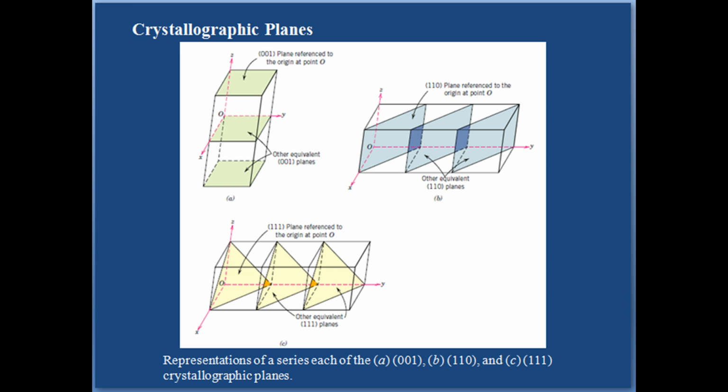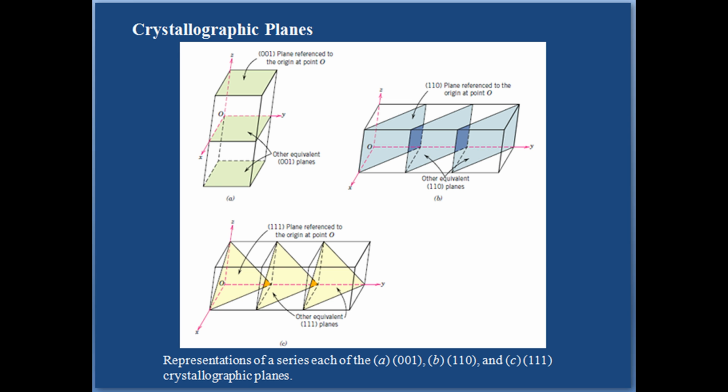A plane that parallels an axis may be considered to have an infinite intercept and therefore a zero index. It is our third step. The fourth step is, if necessary, these three numbers are changed to the set of smallest integers by multiplication or division by a common factor. It is our fourth step.